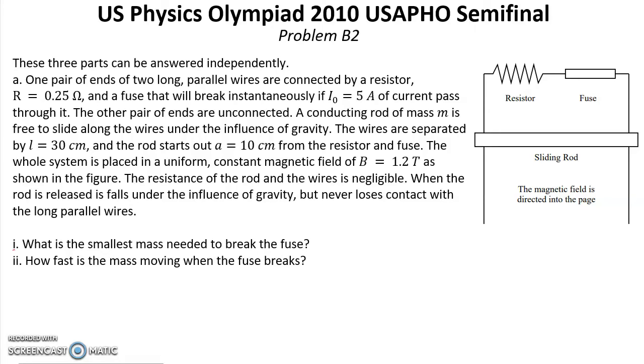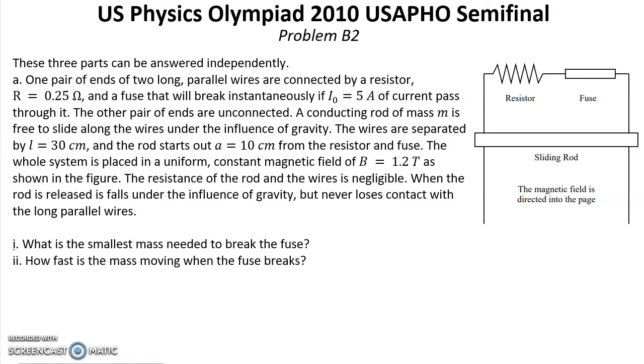Part A. One pair of ends of two long parallel wires are connected by a resistor, resistance equal to 0.25 ohms, and a fuse that will break instantaneously if I0 equal to 5 amperes of current is passed through it. The other pair of ends are unconnected.